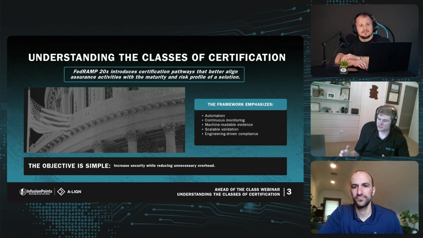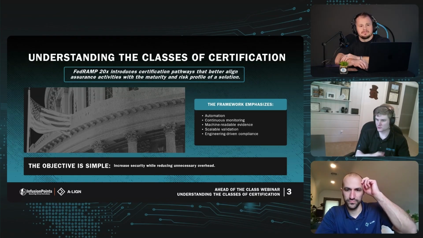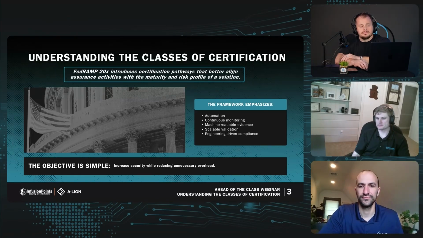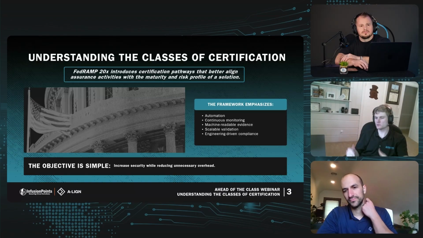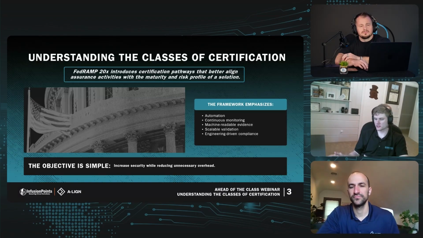It's not really what it was meant to be at the end of the day. That's just the number of security controls that you're following. So now they're changing the nomenclature to be class specific, so you're not using terms like low, moderate, high. Think of it the same way as why they moved away from authorization to certification, because FedRAMP authorization started to get associated with the ATO, your authority to operate.